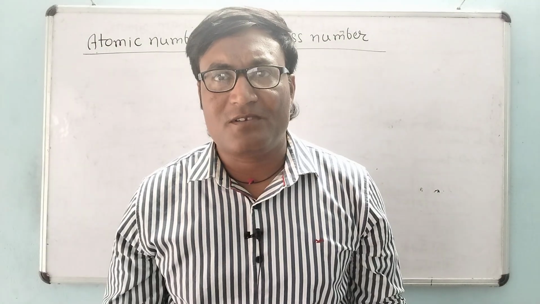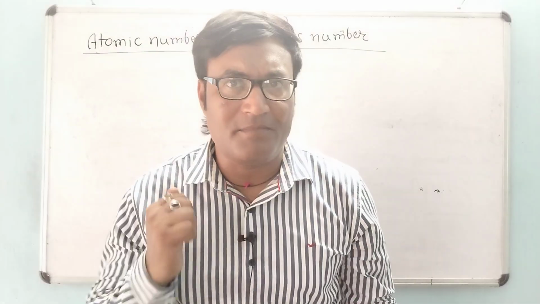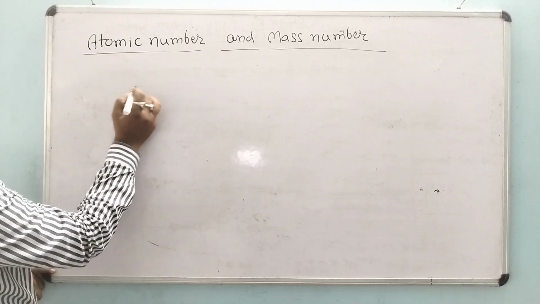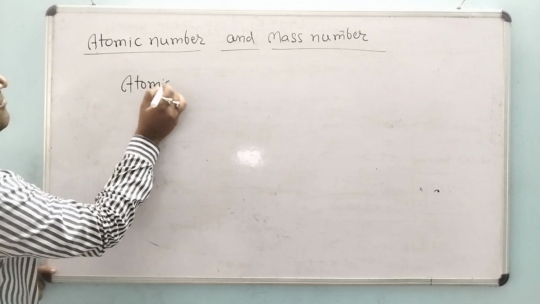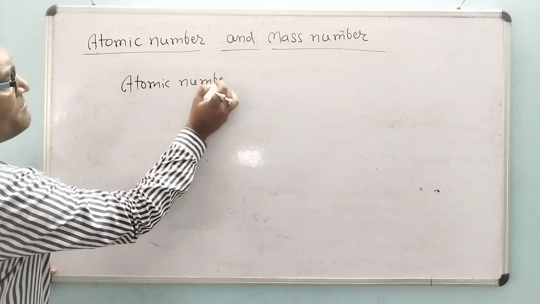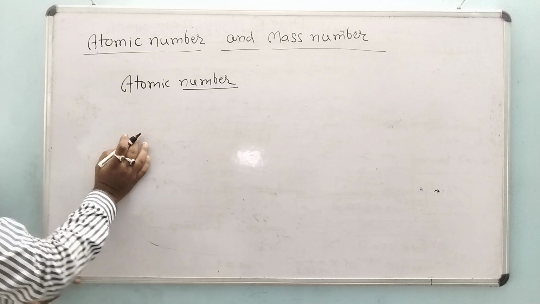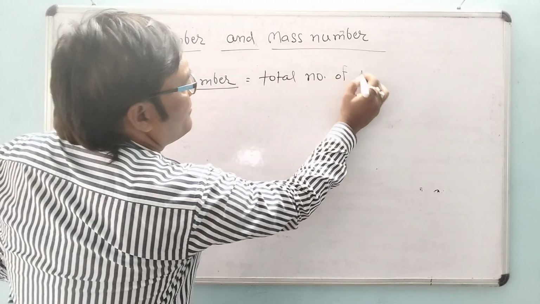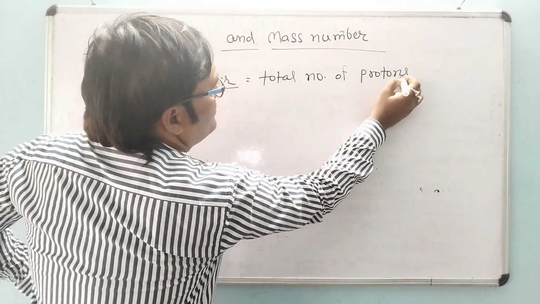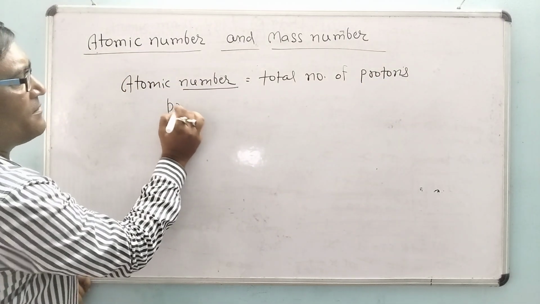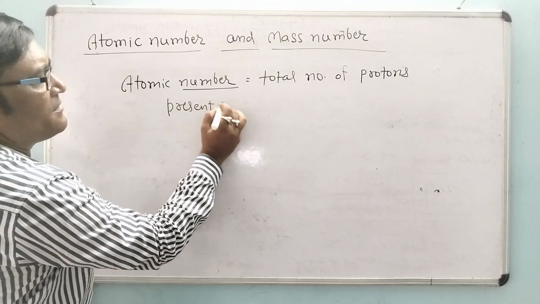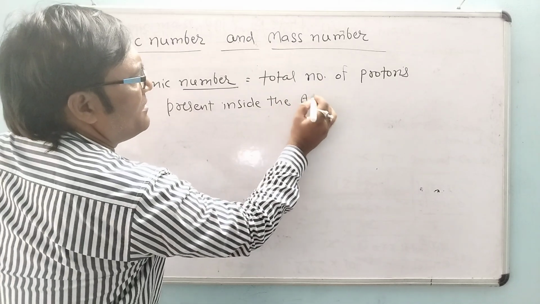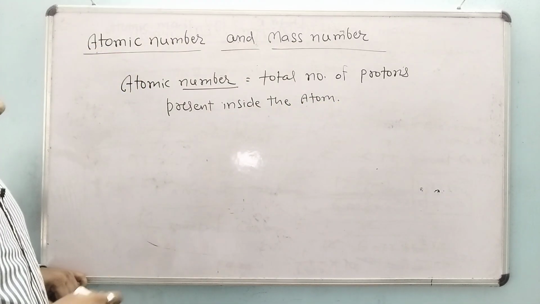Now I am going to discuss atomic number and mass number. Atomic number of an atom: atomic number is the total number of protons present inside the nucleus of the atom.